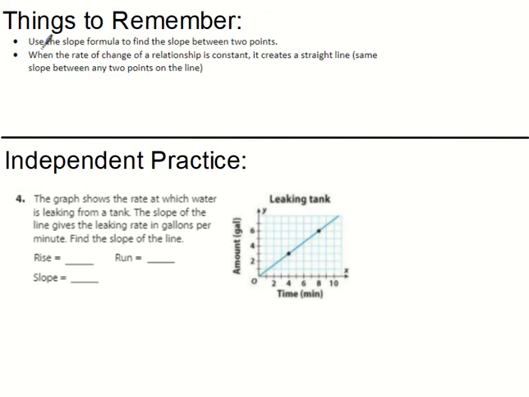So we're going to use a slope formula to find the slope between 2 points. That was that subtracting I did. Remember, I took my y, we'll call it y1, and we subtracted y2, the second y. And then I took x1 and I subtracted x2.